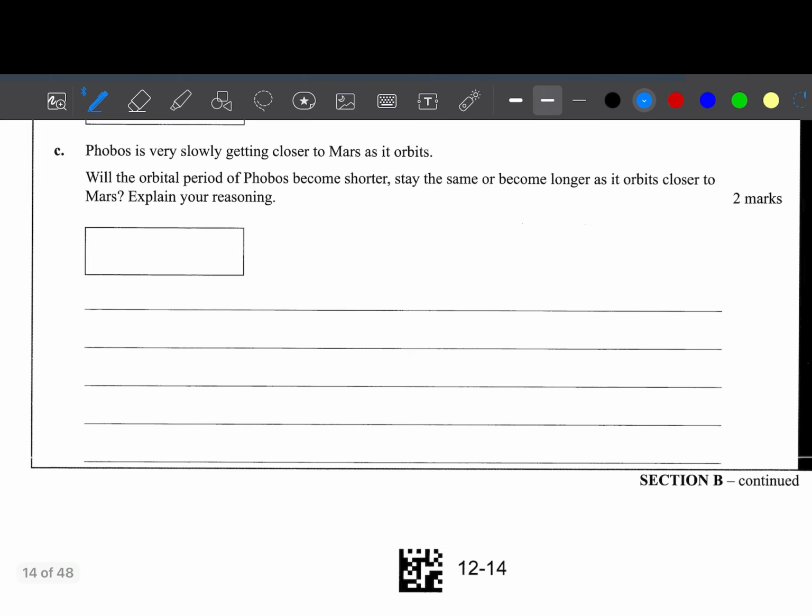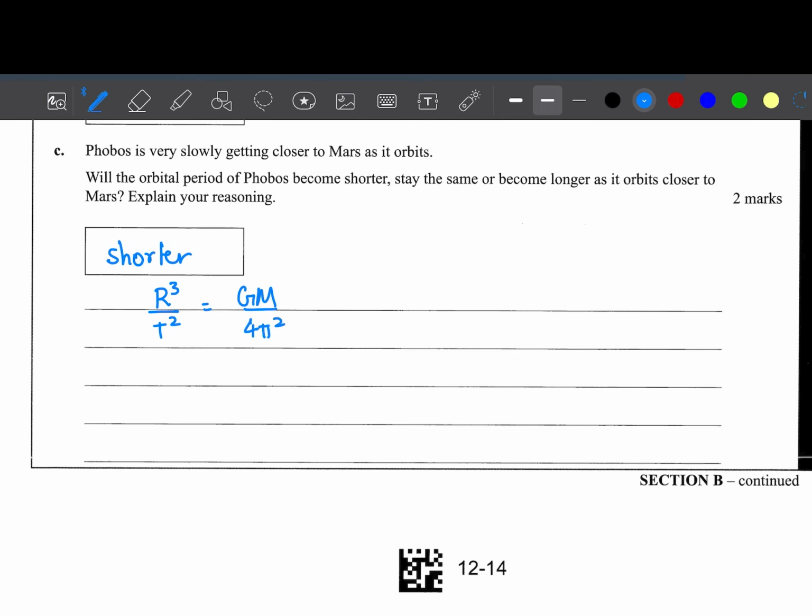Okay, Phobos is very slowly getting closer to Mars as it orbits. Will the orbital period of Phobos become shorter, stay the same, or become longer as it orbits closer to Mars? Explain your reasoning. So it is going to become shorter. The reason being that R³ on T² equals GM on 4π².